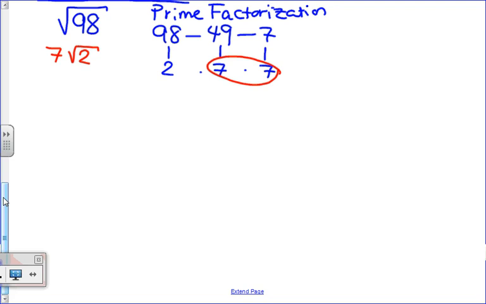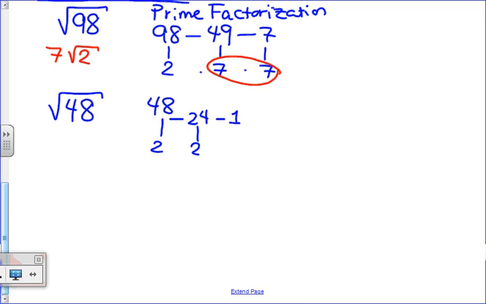Okay, let's do another one here. Let's do 48. The square root of 48. What's the lowest that you can divide by? 2 to get to 24. Divide by 2 again, gets you 12. Divide by 2 again, gets you 6.